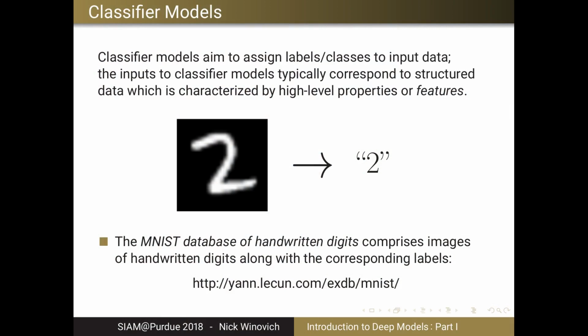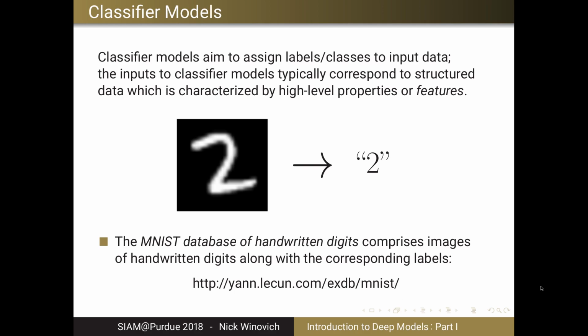So for classification, what we're aiming to do, as this picture suggests, is take a piece of input data which has some structure, some high-level features, such as curves in this case, or symmetry, and we want to identify, classify, or label what that data is, what that represents. A typical example is the MNIST database of handwritten digits available on Yann LeCun's web page listed here.